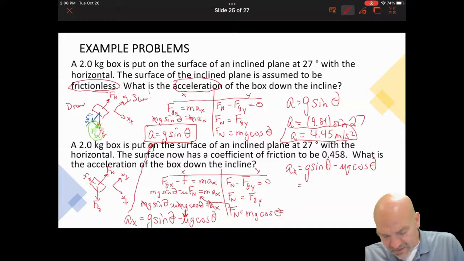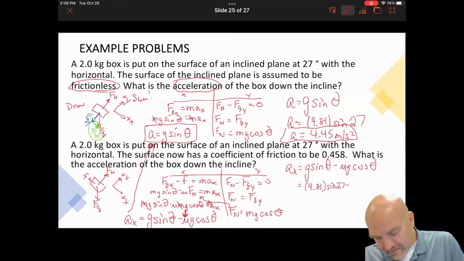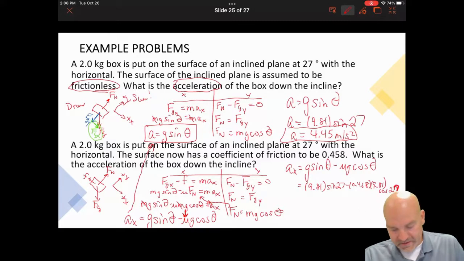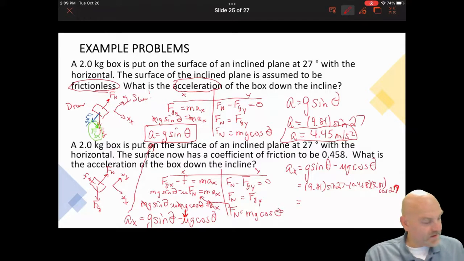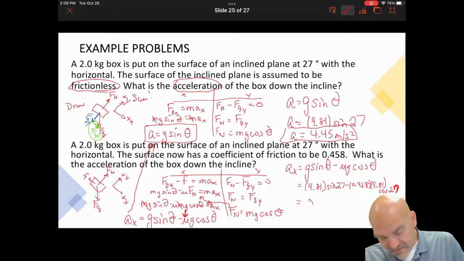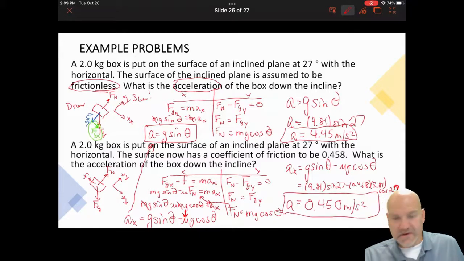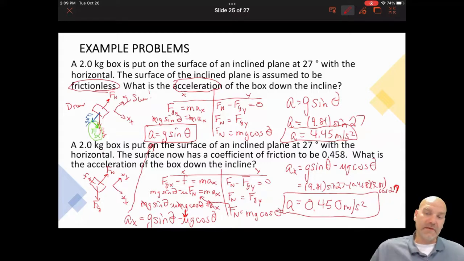All right, and so we're going to do 9.81 sine 27 minus 0.458 times 9.81 times cosine of 27. Sorry, 7 looks like a backward C. And so we're going to find that our acceleration is going to be 0.450 meters per second squared. So you can definitely see the friction slowed it down considerably.